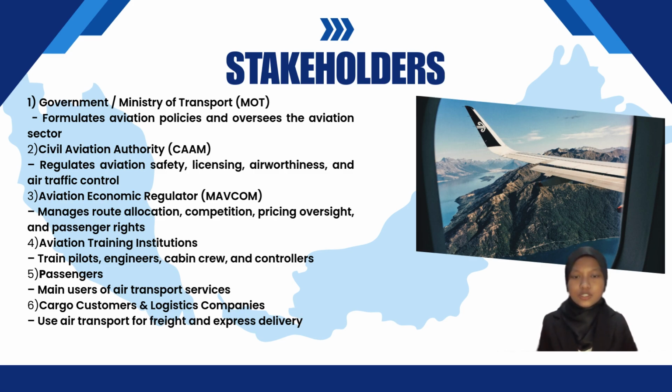Aviation training institutions train pilots, engineers, cabin crew, and controllers. Passengers are also the main users of air transport services. And lastly, cargo customers and logistics companies use air transport for freight and express delivery.